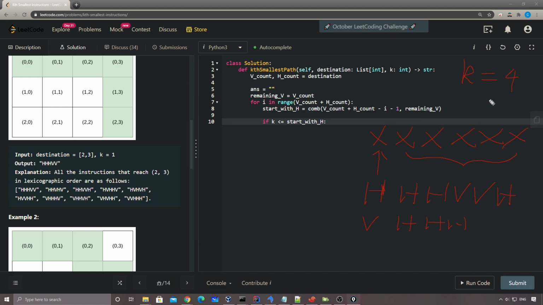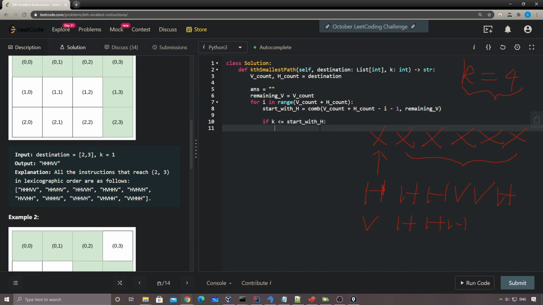Then we're way over the K-th smallest number at this location. So that's why we have to put H, so that after filling in all those instructions, we can get the fourth smallest number, right?